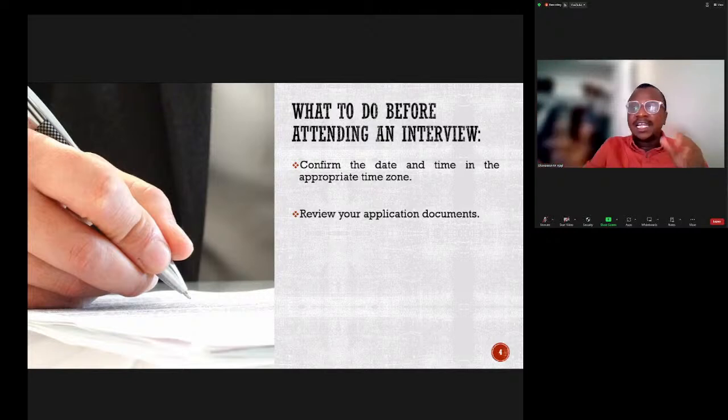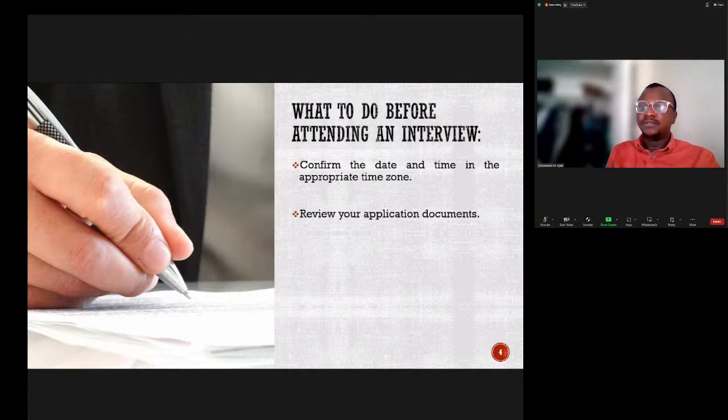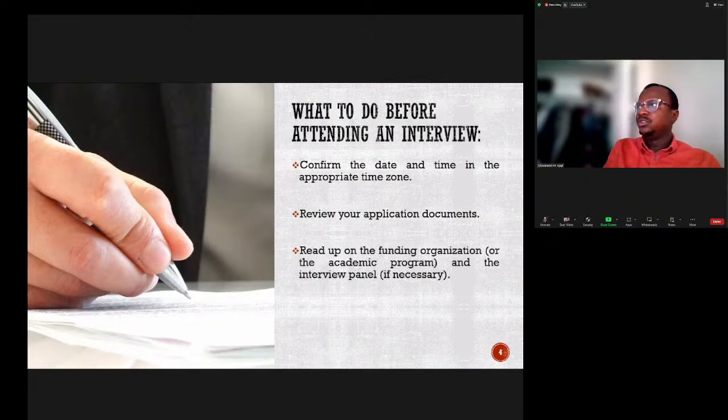You can print it and have it handy so that you can know the responses you gave. So that when you are talking to UC Davis, when you have your interview, you are not giving the responses you gave to Pittsburgh. You don't want to mix things up. So check very well, review your application documents, check what you wrote as motivation in your statement of purpose, because they are going to go back to all your application documents and use that as a basis to judge you.